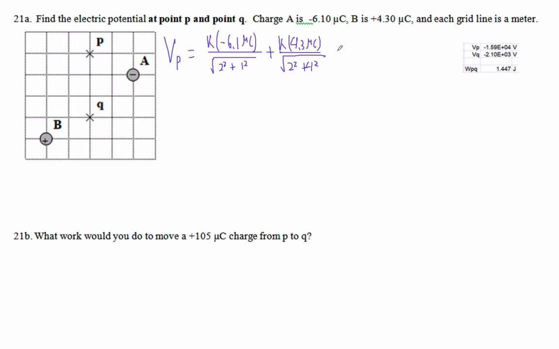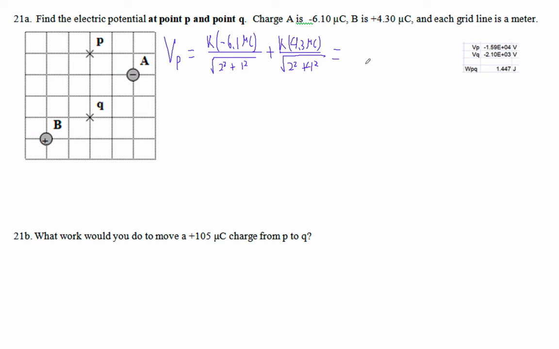Okay, so let's figure that out. So I'm going to go alpha F1. I like to do this. Then I'm going to go alpha K times negative 6.1 e minus 6, and the denominator is going to have the square root of 2 squared plus 1 squared.